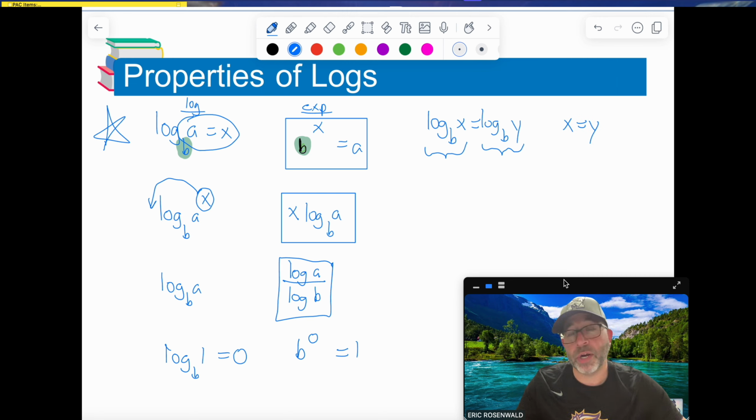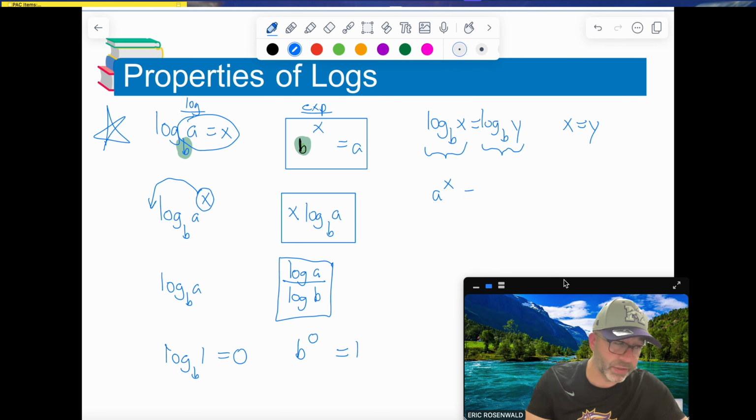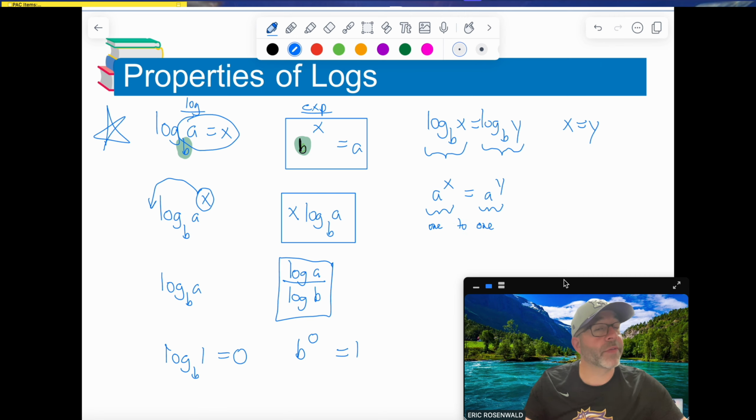The same property is going to be true if I have an exponent where a to the x is equal to a to the y. Once we know we have only one term here and only one term here, we have a one-to-one. Once we have a one-to-one property, we can ignore all the bases and just say that x is simply equal to y.